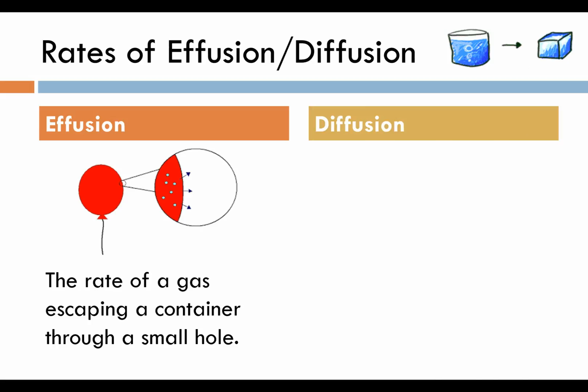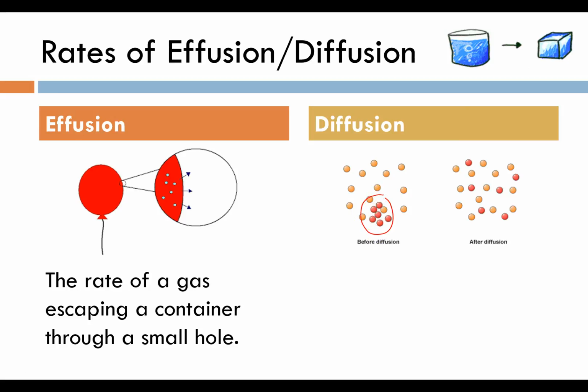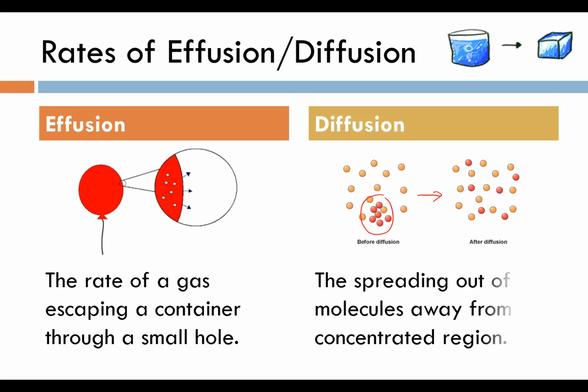Diffusion. If we look at the before and after pictures, before diffusion, we have a high concentration of these red atoms in just one location. After diffusion, they've spread out and we've made a homogeneous mixture. So diffusion is the spreading out of molecules away from a concentrated region.